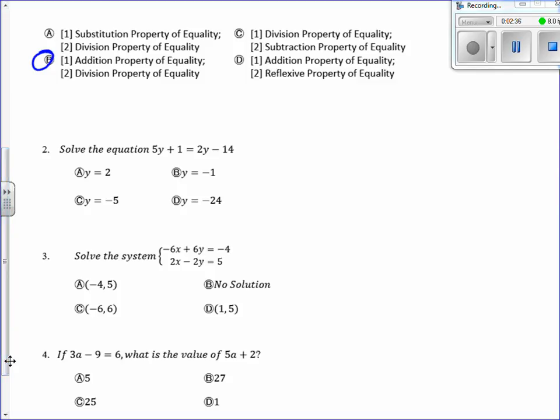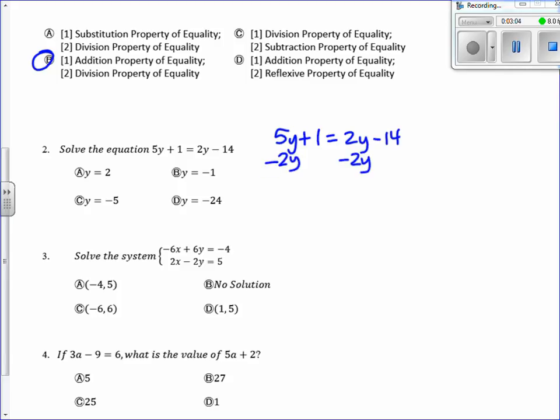Solve the equation 5y plus 1 equals 2y minus 14. So our goal is to get the y by itself. But the problem is I have y's on both sides. So I have to group them together. What we're doing is rearranging the problem so that all my variables are on one side and my constants are on the other.